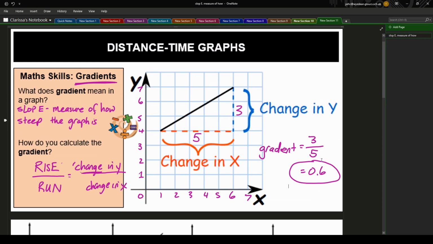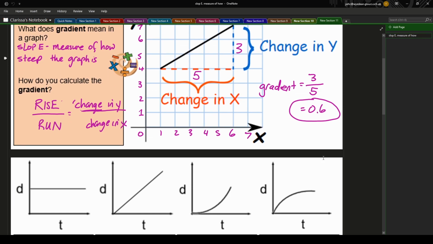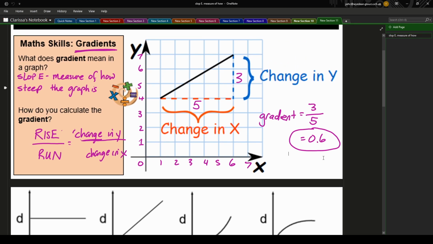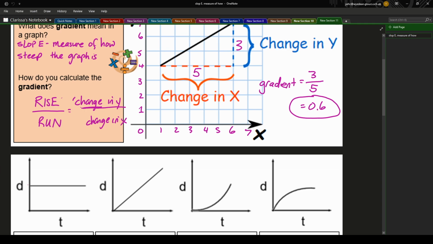Now let's apply that then to distance time graphs. When it comes to distance time graphs, we usually have on the x-axis time. So time goes on the x-axis and distance goes on the y-axis.